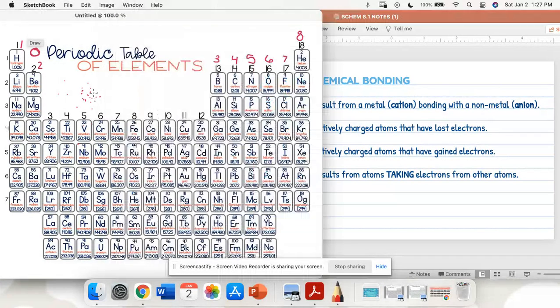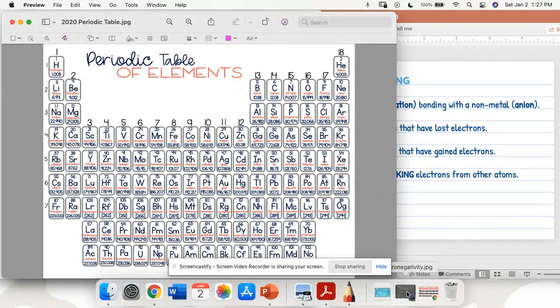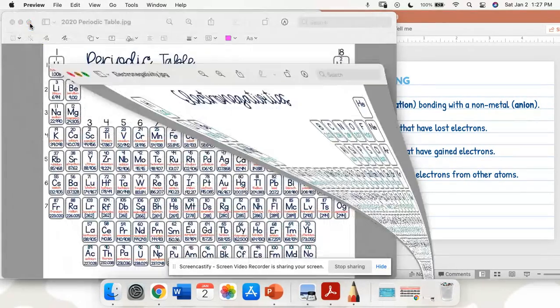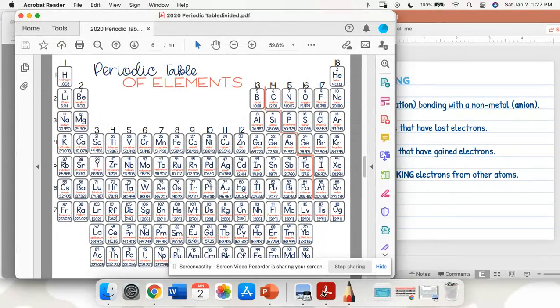So if we look on this periodic table, which I pulled up a separate periodic table over here. Oop, that's electronegativity, not what I wanted. So everything, and you can see this little stair step I have going on here, it goes through boron, silicon, arsenic, tellurium, and then polonium.